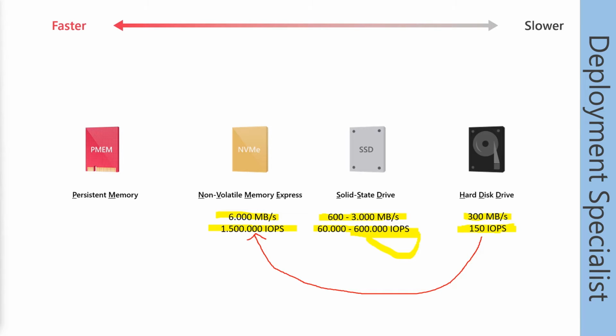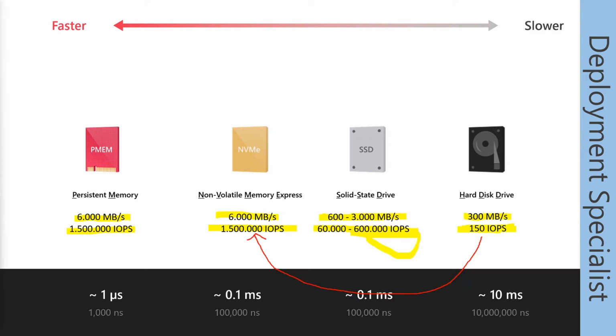Yes, these are the very fast NVMes, but these are also the fast hard disk drives. So this is a huge difference when we are looking at the random I/O. The persistent memory is on the same level regarding the throughput and the IOPS. But what's interesting for the persistent memory is that we have a reduced latency.